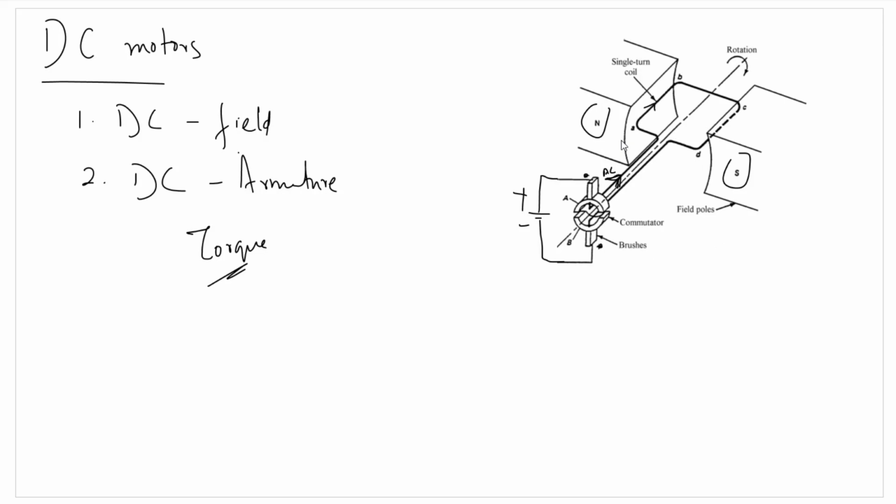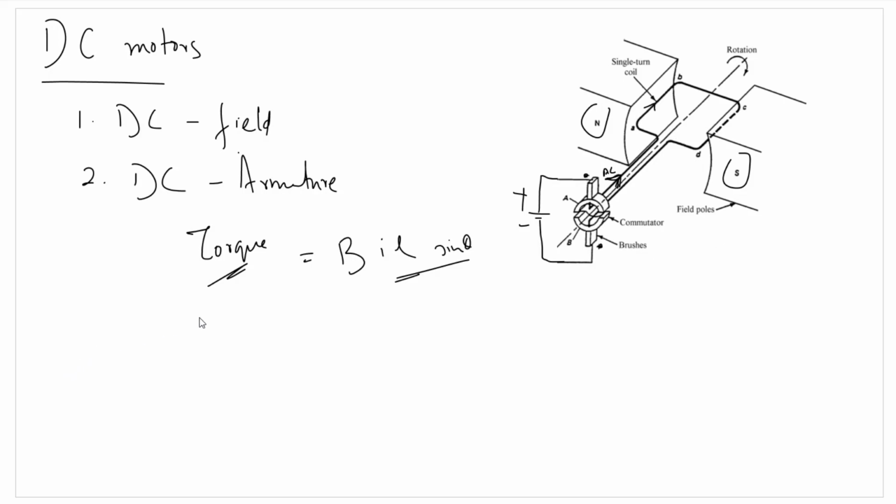Now a current carrying coil is placed in the magnetic field. It will experience torque, and that's given by BIL sine theta. So this is the simple operating principle. Now we need to understand something else.